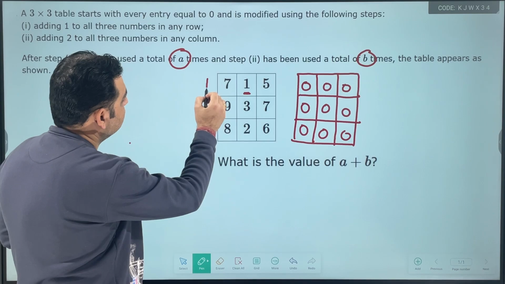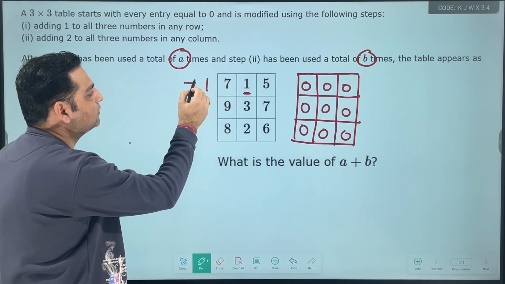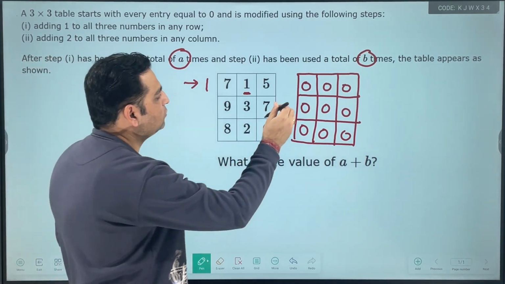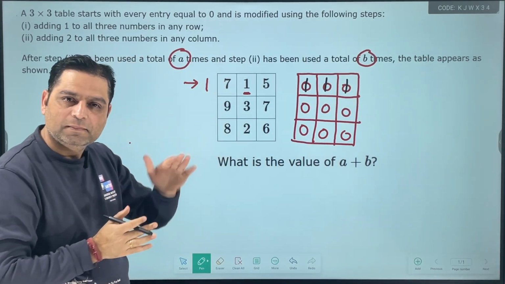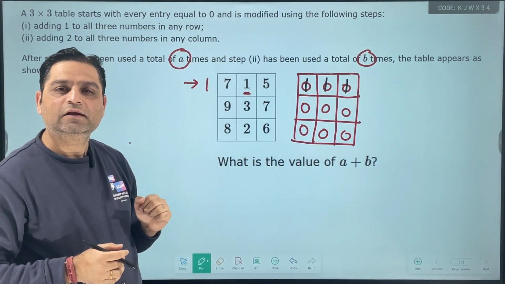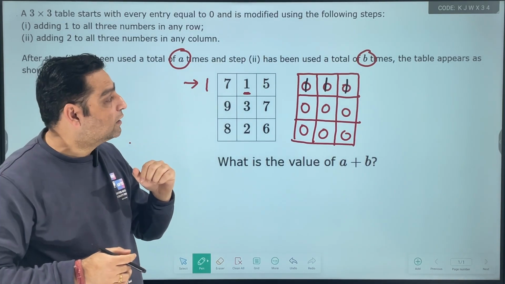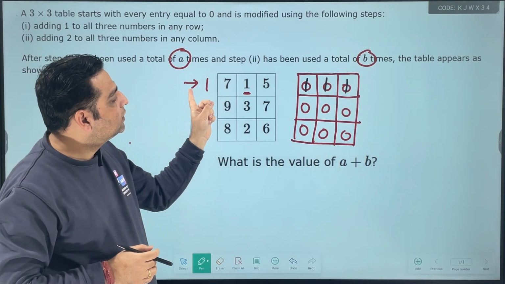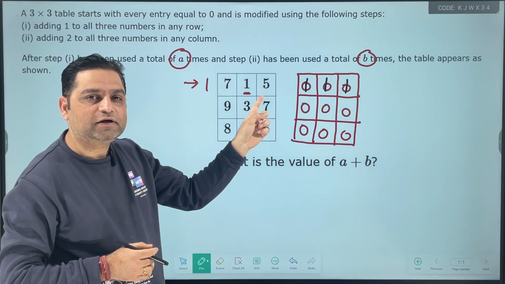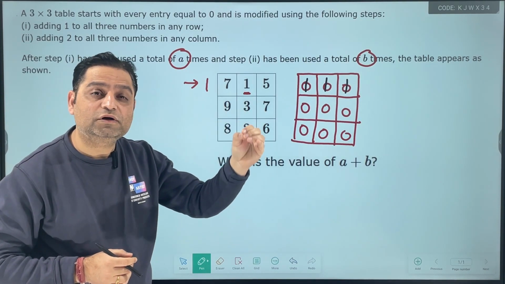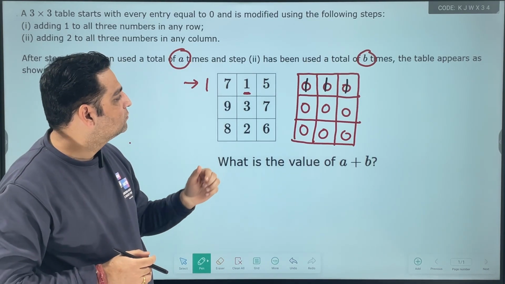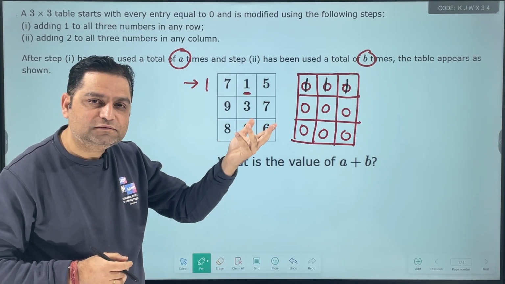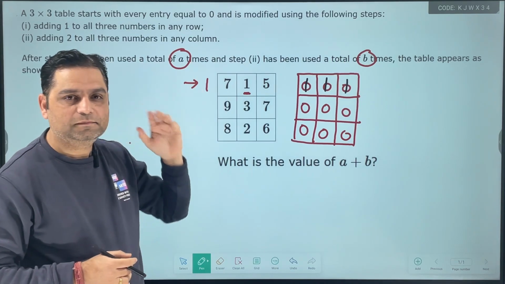First, one change has been done in the first row and you will get 1 1 1. I hope this is clear. One change is done. Then I realized that since it is 7, 1, 5, no further row change happens here. Why? Otherwise 1 would have changed. So it is only once.